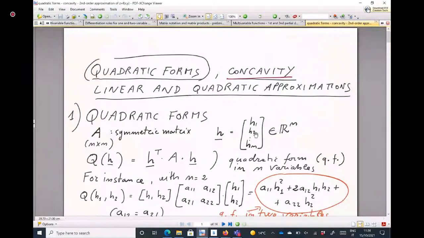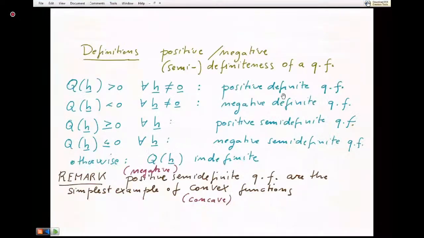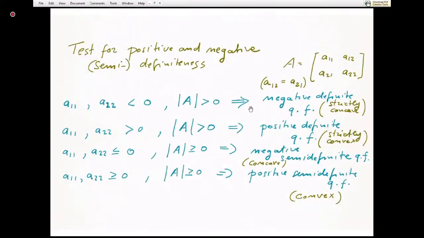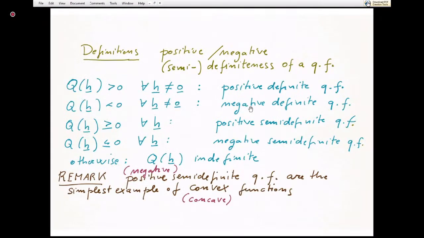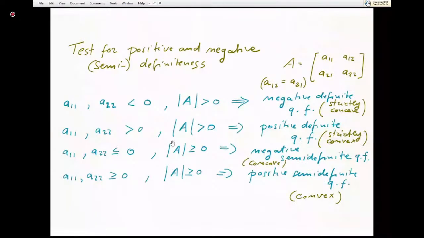And here are the definitions. This is in 2 steps. First, definitions: what does a positive quadratic form mean, and what is a negative quadratic form? Second, we have conditions for having a positive or a negative quadratic form.